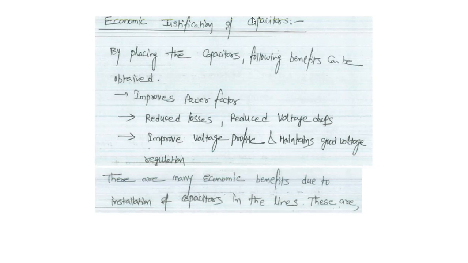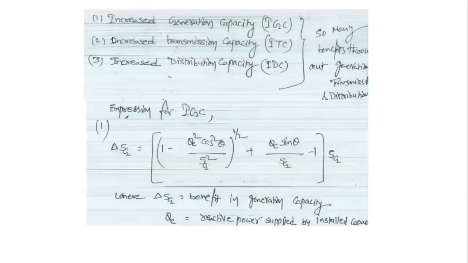By installing the capacitors into the line, we obtain the following benefits. First, they improve the power factor, second, they reduce the losses, and third, they reduce the voltage drops, improve the voltage profile and maintain good voltage regulation. These are the main economic benefits due to the installation of capacitors into the system.